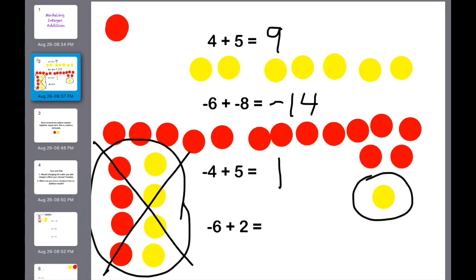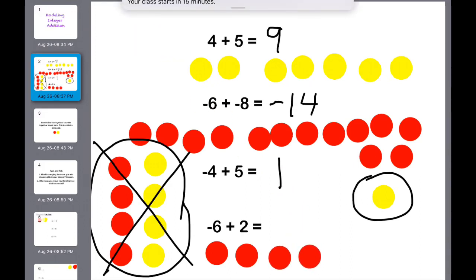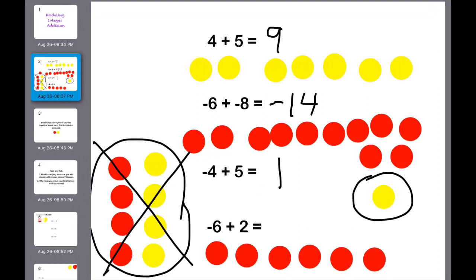Let's try another example where we are adding a negative and a positive number. -6 plus 2. Let's start by getting our counters. We're going to take 6 negative counters, which are 6 red counters. 4, 5, and 6. Then we're going to take 2 positive counters, which are 2 yellow counters. 1, 2.